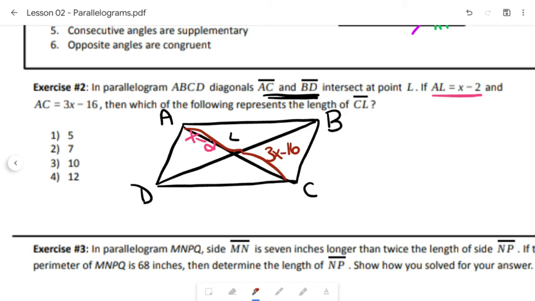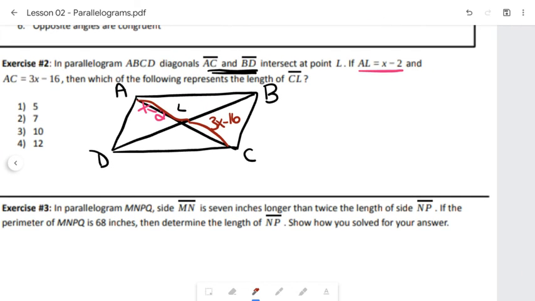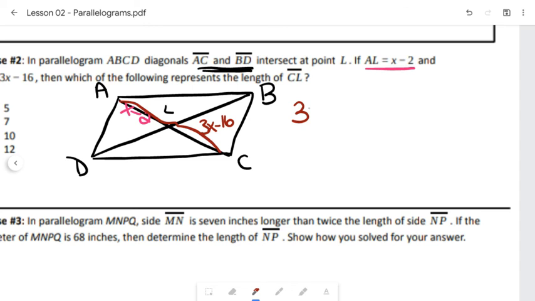So this one directly involves diagonals. So we should be thinking about what the diagonals do. They bisect each other. So that means 3x minus 16 is equal to, since these two pieces are congruent, 2 times x minus 2. Okay, and then we're going to solve.